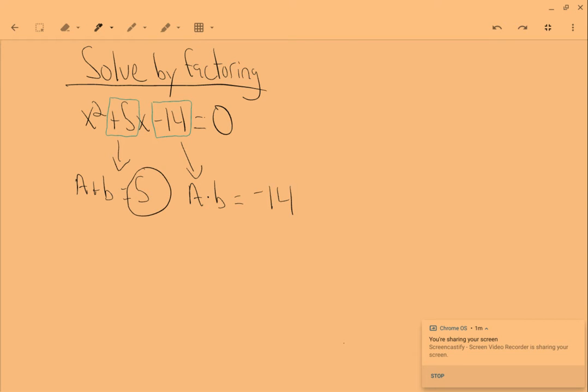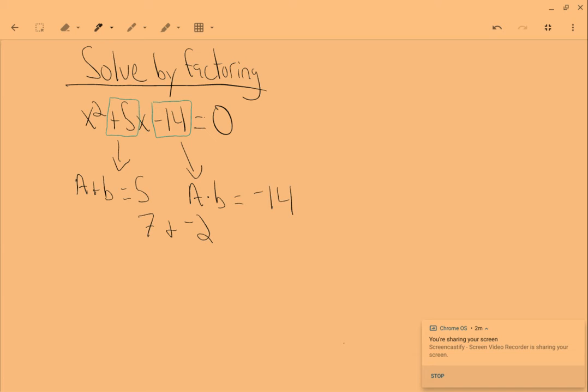The sum in this case is positive, so the quote-unquote bigger number has to be positive. The two numbers that work are 7 and negative 2.